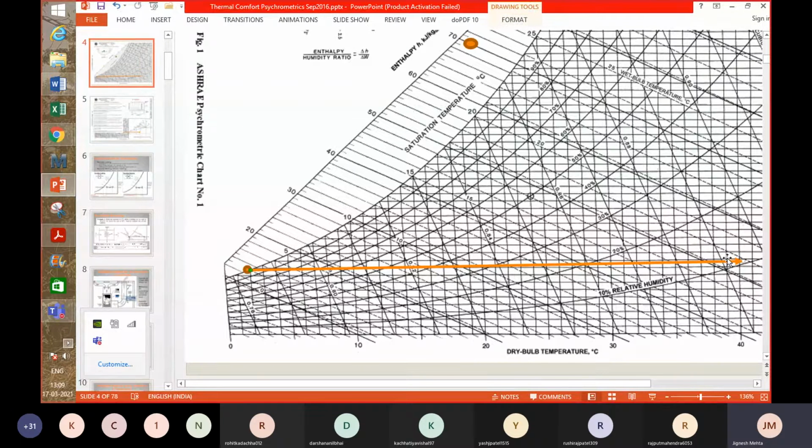That's the limitation of drawing here. Okay. So roughly this is the thing that is happening. Now I want to do the calculations with the help of formula and not with the help of the values that I get from the psychrometric chart. Right. So let's do that.